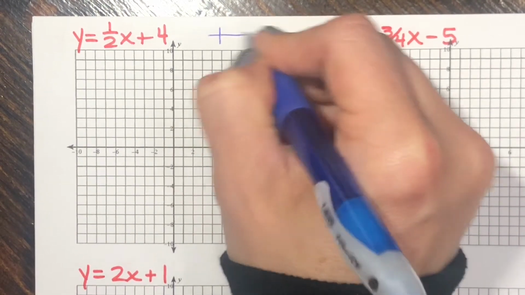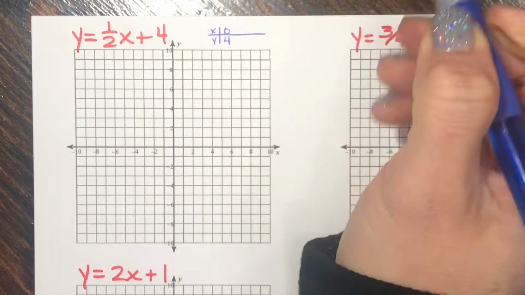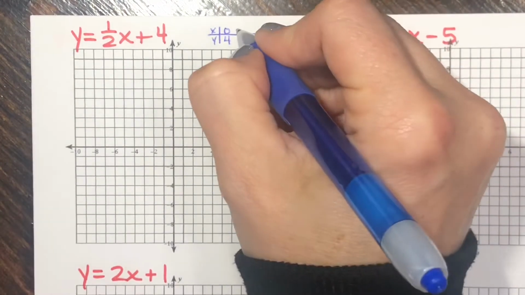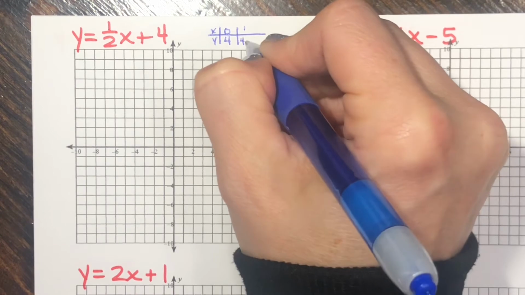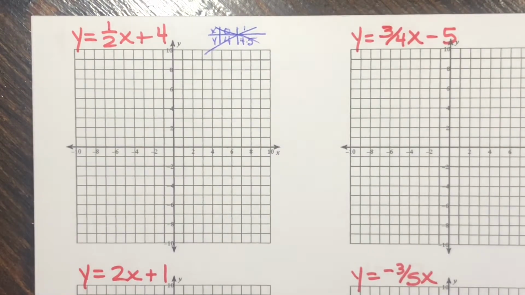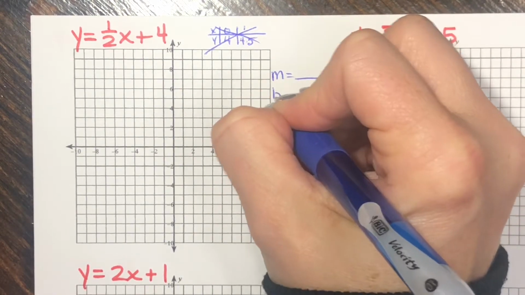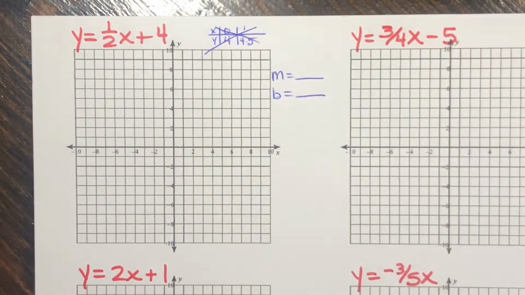You could say, well, I have $4 at 0 weeks. After 1 week, I would have $4.50, and you know what? No, we don't want to do that. But guess what? We just spent all day yesterday identifying m and b for a reason, because we're going to use that today, okay?